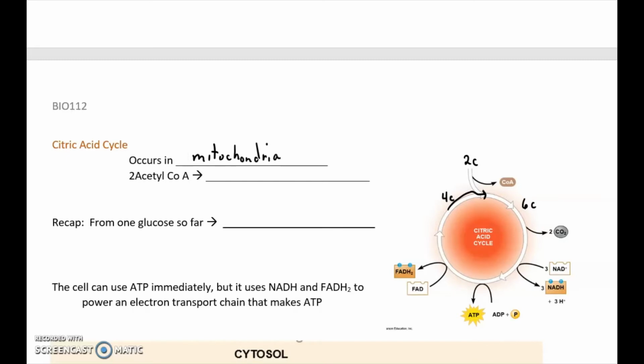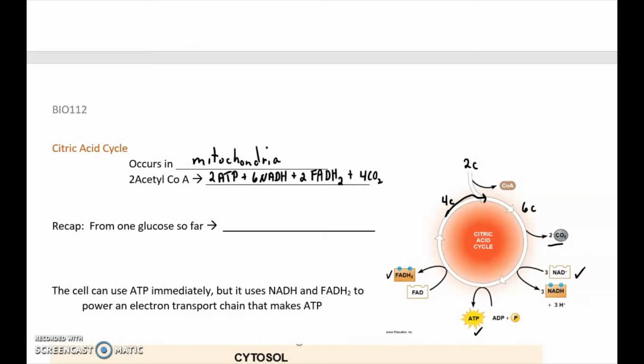As it goes around a series of reactions, 2 carbon dioxides are given off, and that regenerates our original 4-carbon compound. In addition, we get 3 NADHs, we get an ATP, and a new high-energy molecule called FADH2.